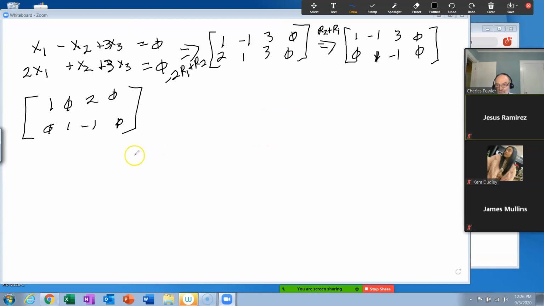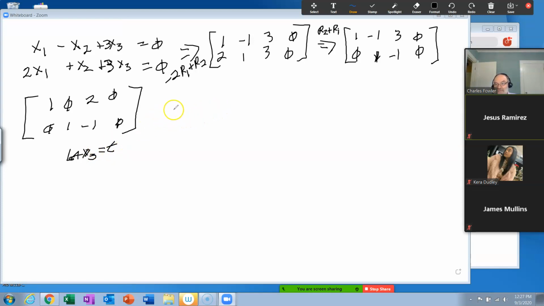X sub 2. Oh, no leading 1 for the third column. Any column without a leading 1, that becomes your parametric column, your parameter. So let's let, this is where we begin, x sub 3, it won't always be x sub 3, but it is a lot, equal to that parameter, whatever you want to call it. They like to call it t.